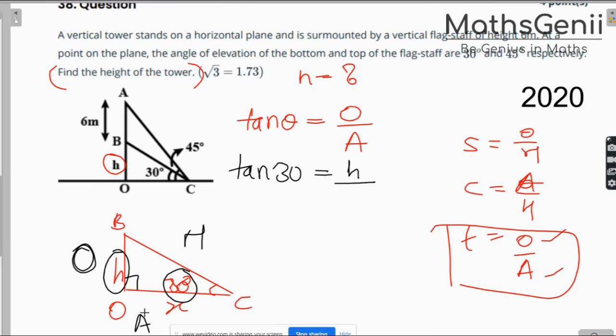Here it is H, height. What is your A? A is I don't know. A is X. So when you go to your trigonometry table, see the value of tan 30. Pause the video, check the value of tan 30. It is 1 upon root 3. Okay, this is the first equation I've got.